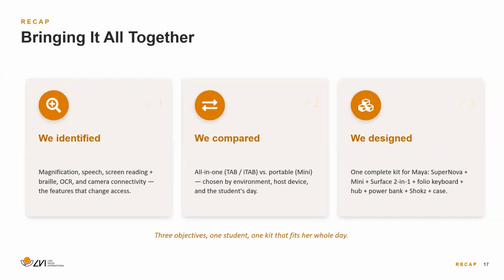So bringing it all together, we did identify key accessibility needs. So we looked at and talked about magnification, speech, screen reading, braille, OCR, camera connectivity. Having all of those key accessibility features in mind, we identified those and talked about those and put them in the context of having them in mind when you're trying to create a system for your student.